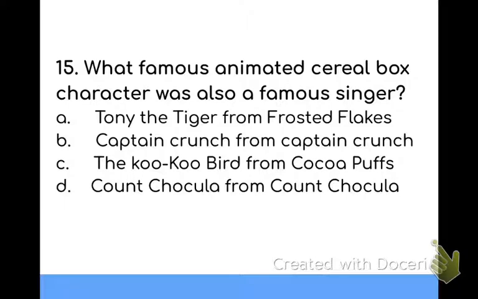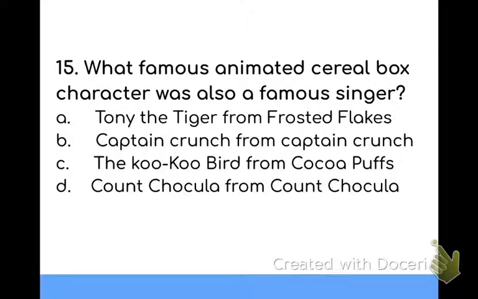What famous animated cereal box character was also a famous singer? Was it Tony the Tiger from Frosted Flakes, Captain Crunch from Captain Crunch, the Cuckoo Bird from Cocoa Puffs, or Count Chocula from Count Chocula?